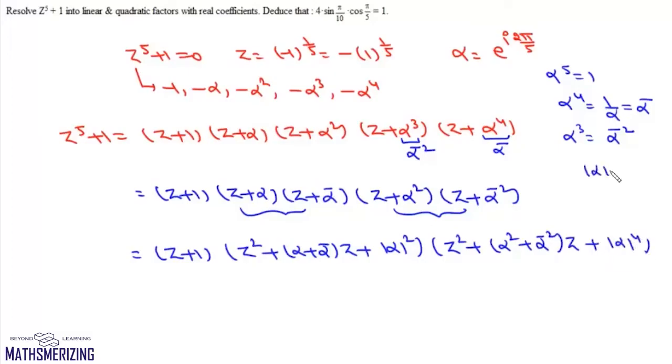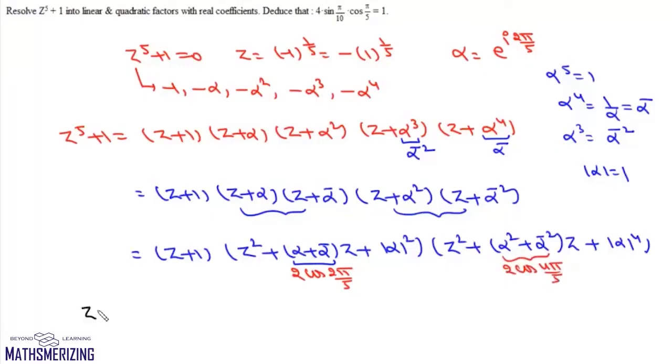Now mod of alpha is simply 1, and alpha plus alpha bar is 2 cos 2 pi by 5, and alpha square plus alpha bar square will be 2 cos 4 pi by 5.